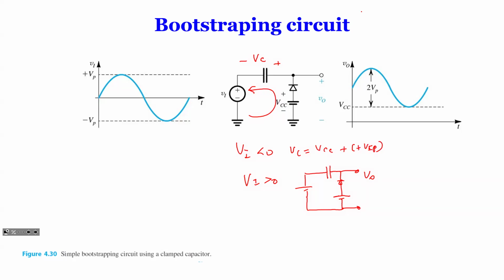Just write it: plus it's a peak. When it's negative, it's still a peak value, VP. When it's going positive, you see there's no current.